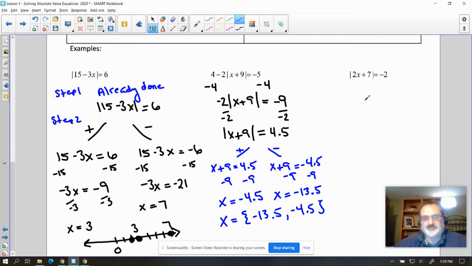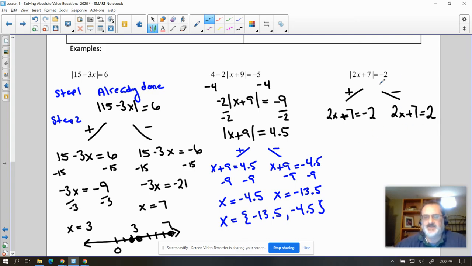Okay, last one. I have to isolate the bars. That is already done for us. So I'm going to split into a positive and negative case. 2x plus 7 equals negative 2, and 2x plus 7 equals 2.